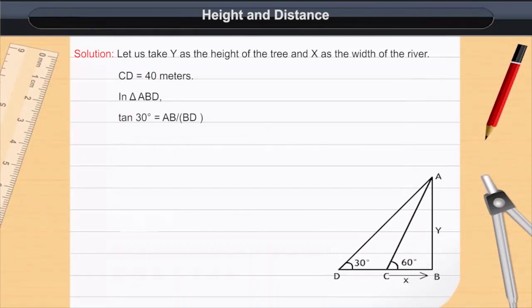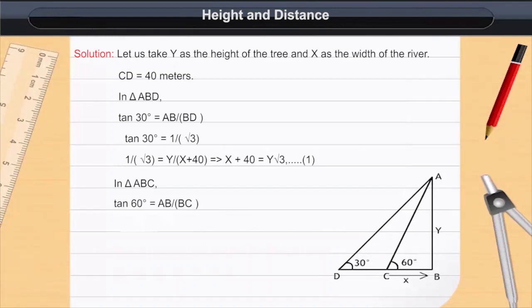In triangle ABD, tan 30 degrees is equal to AB by BD, because tan 30 degrees is 1 by square root 3. Hence, 1 by square root 3 is equal to y by x plus 40, which means that x plus 40 is equal to y multiplied by square root 3. Let us take this as equation 1.